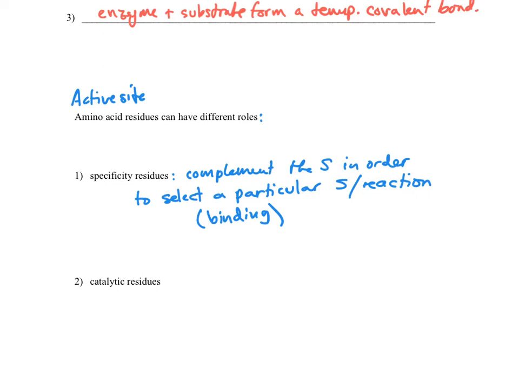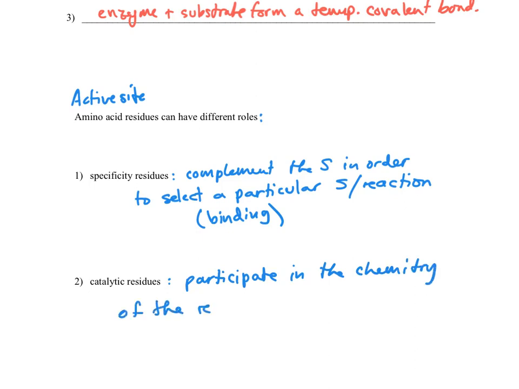That's the first side. The second side is the active site has catalytic residues. These are residues, typically the side chain of the residue, and they participate in the chemistry of the reaction.